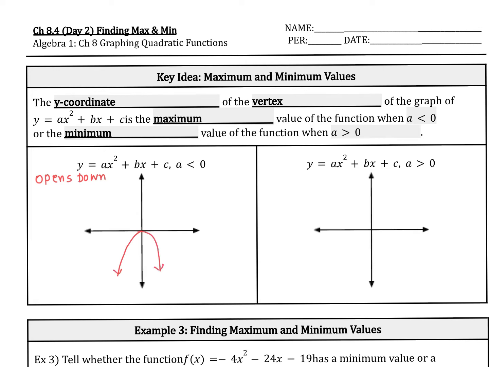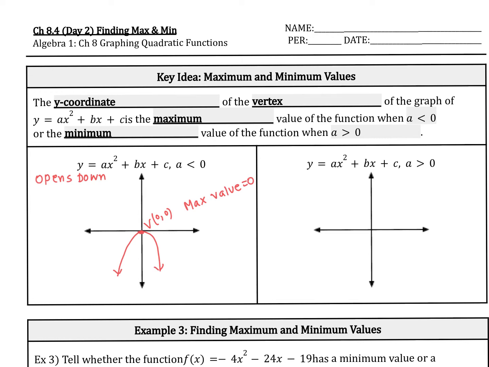Now the vertex is all the way at the top. So this is the vertex, and that vertex is called maximum because it's all the way at the top of the parabola. So the y value is going to be the maximum value. So it's going to have a maximum value where you have 0, 0. So the maximum value is going to be 0.